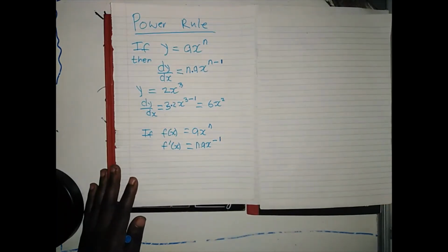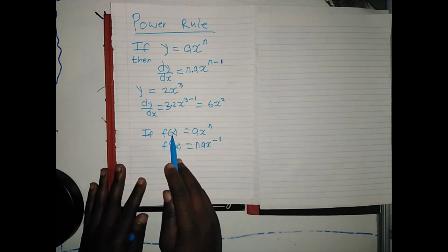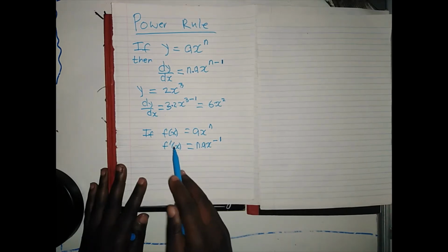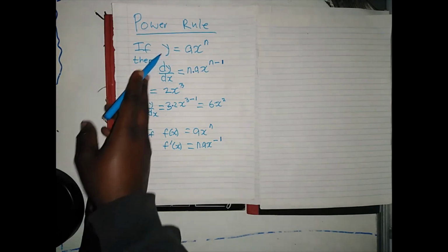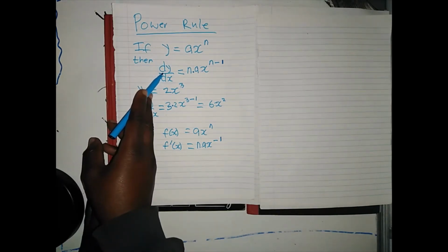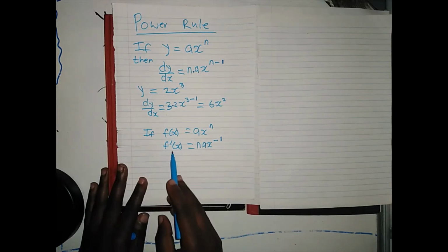Okay, so this time round, the name of your function is f of x. Here the name of the function was y, so the derivative was dy over dx. And here you've got f of x, so your derivative is f prime of x.